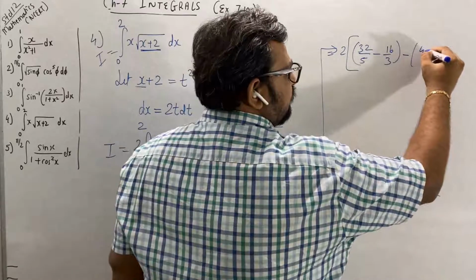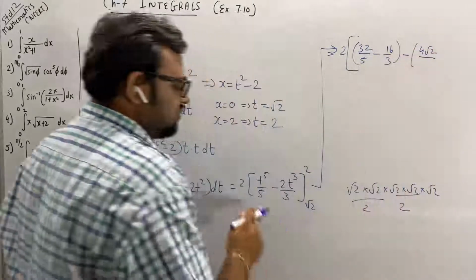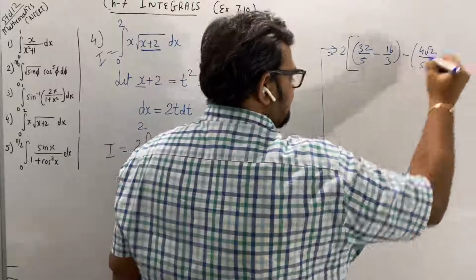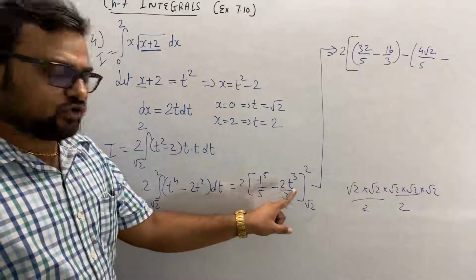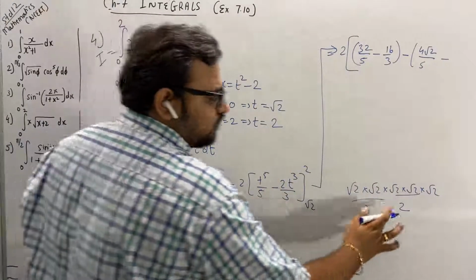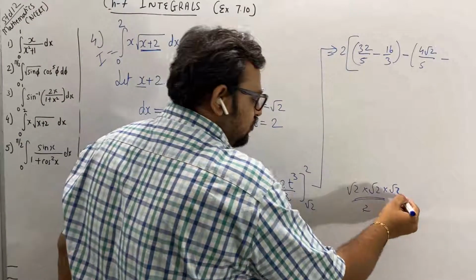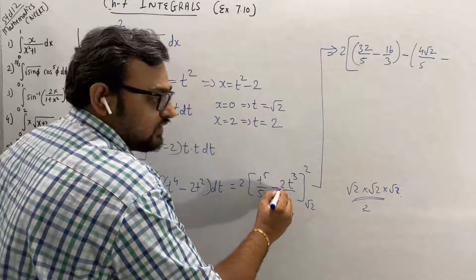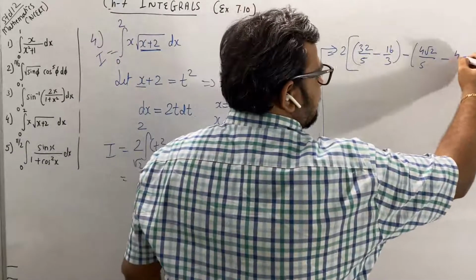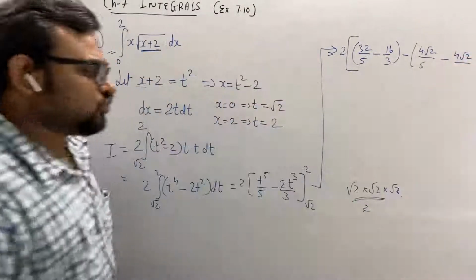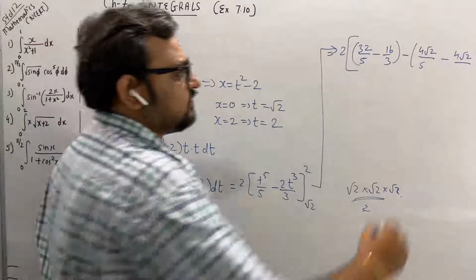So 4 root 2 upon 5, minus 2 into t cube. So 2 root 2 cube, it is like this way. So this is 2 root 2 into 2, right? So it's again 4 root 2 upon 3.